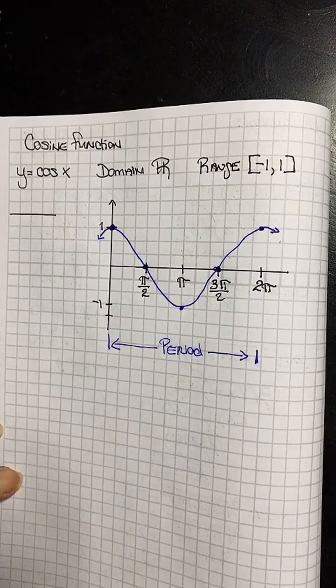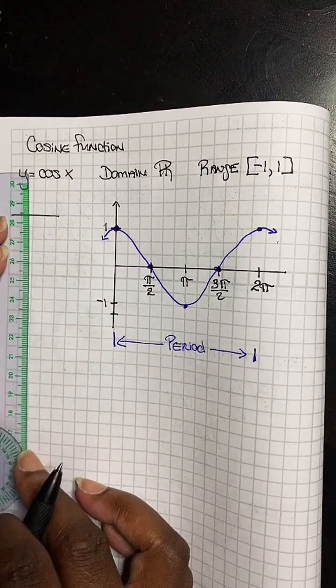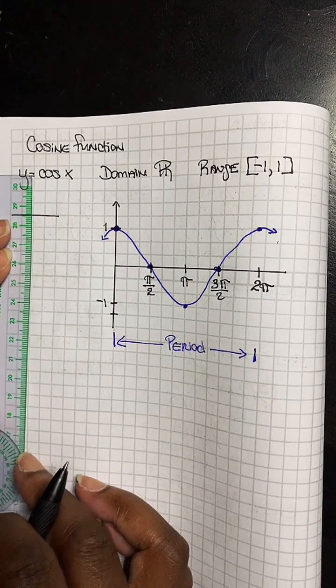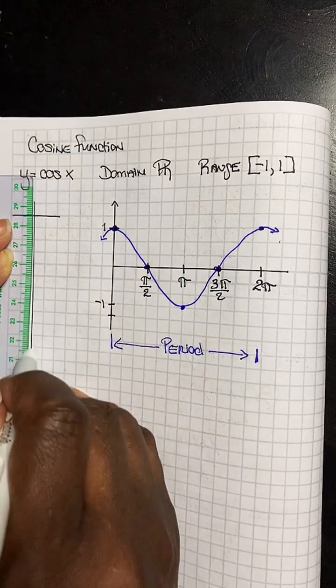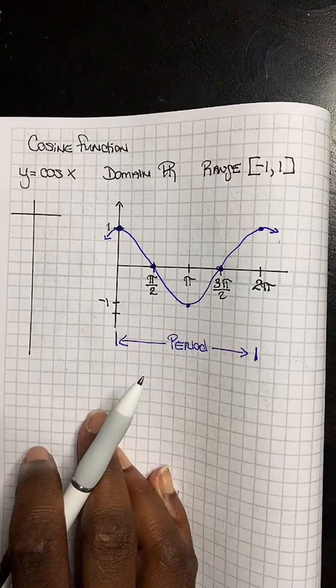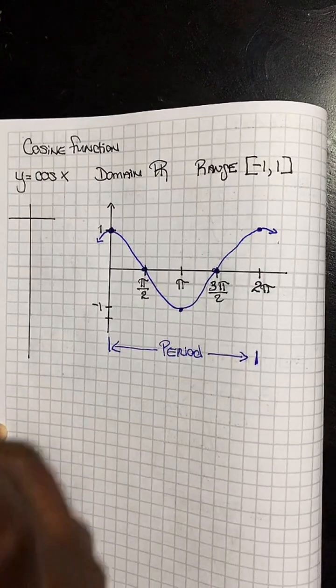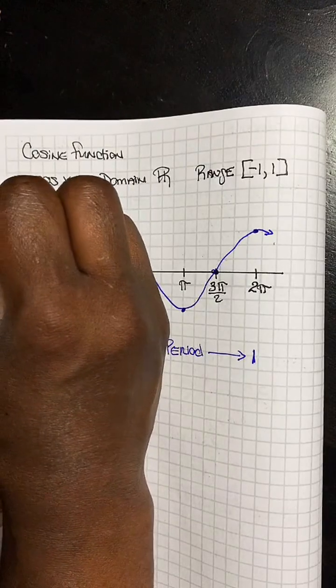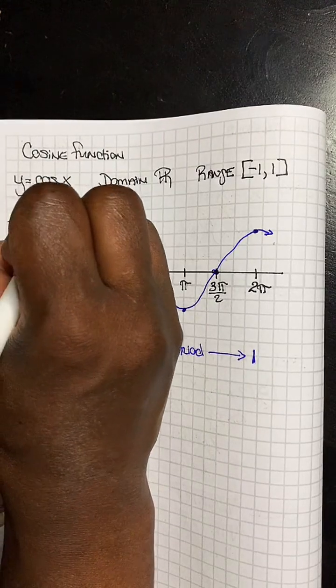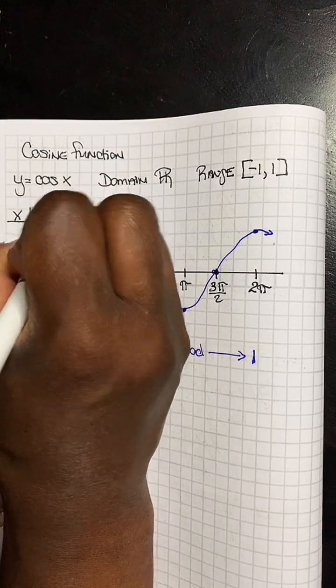So, if we want to keep track of this, we have our x, and we have our y, which equals our cosine of x.